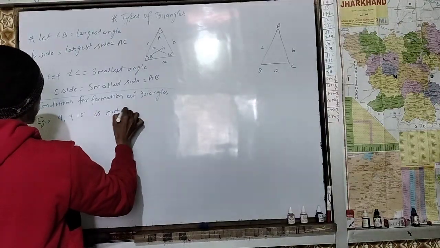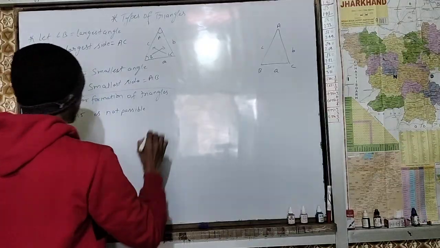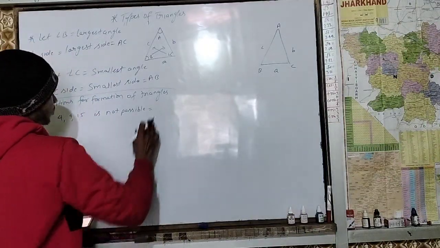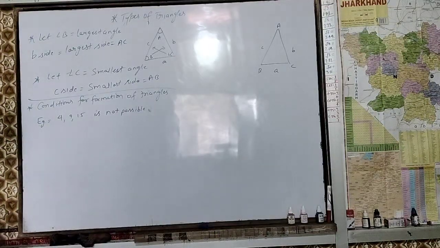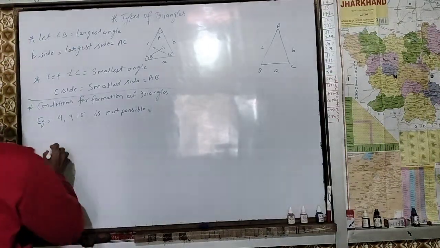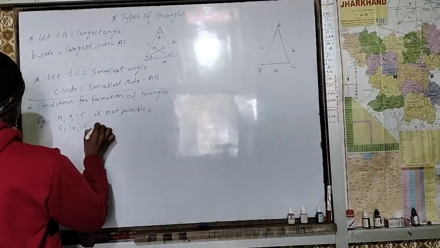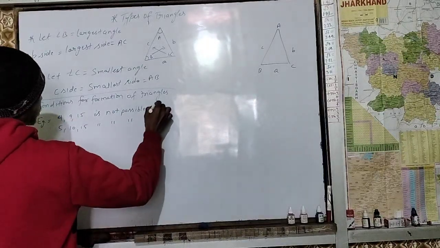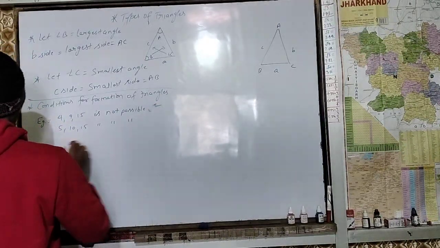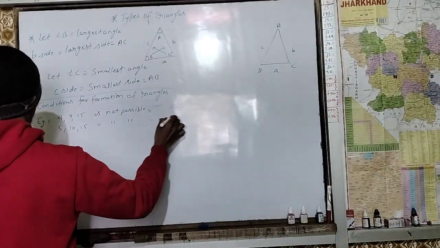It's not possible to create a triangle with these. How? 5, 10, 15 is also not possible.